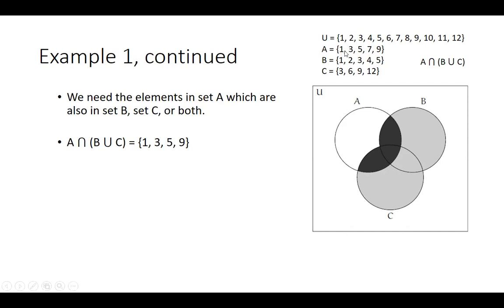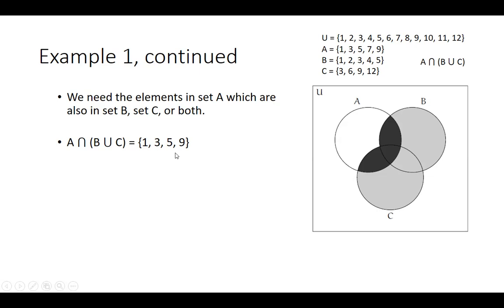So our elements of A are 1, 3, 5, 7, 9. The ones that are also in B would be 1, 3, 5. The ones that are also in C are 3 and 9. We already had the 3, so we don't repeat it.